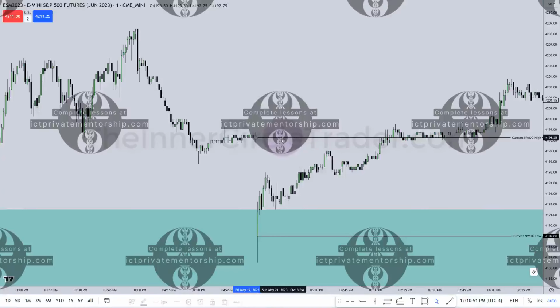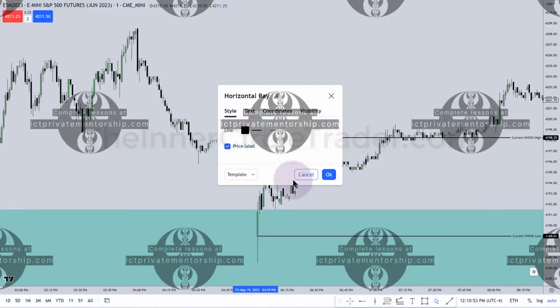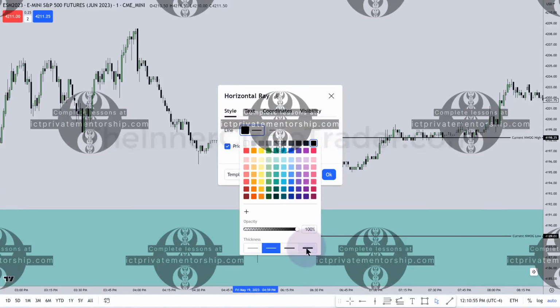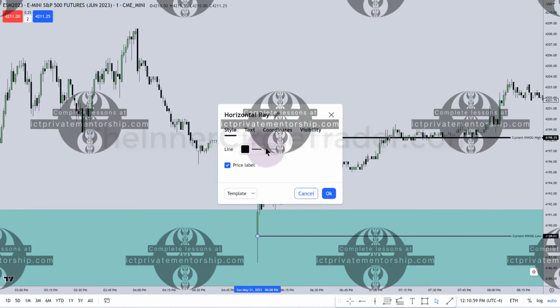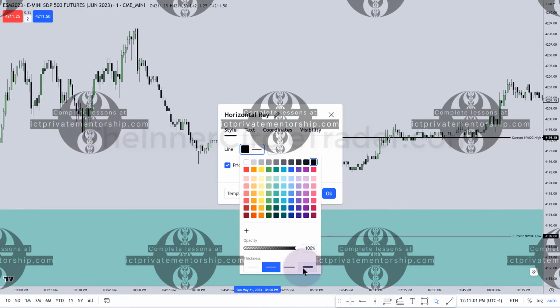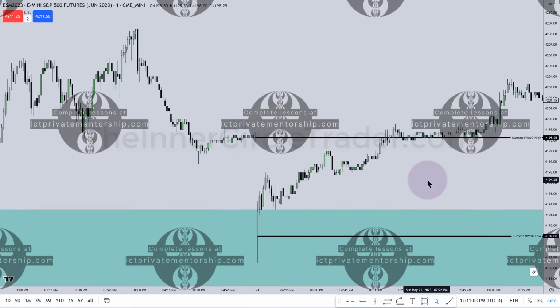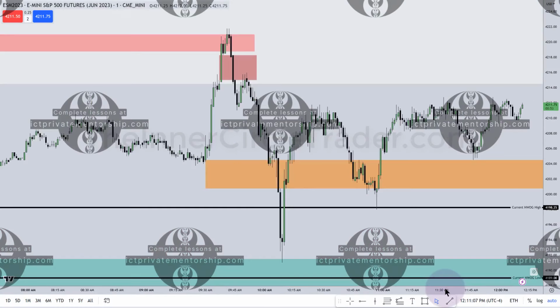I do keep this bold on the boldest thickness, so that's why my chart doesn't look like it normally does until I do this. Okay, so now we have our current new week opening gap high, current new week opening gap low. Tongue twister, huh?